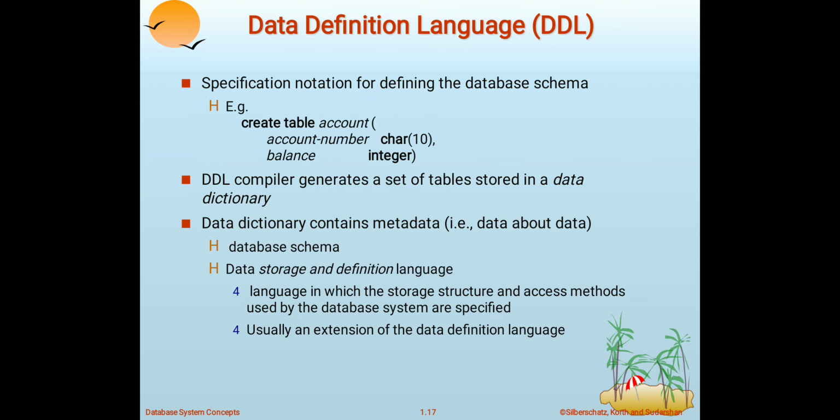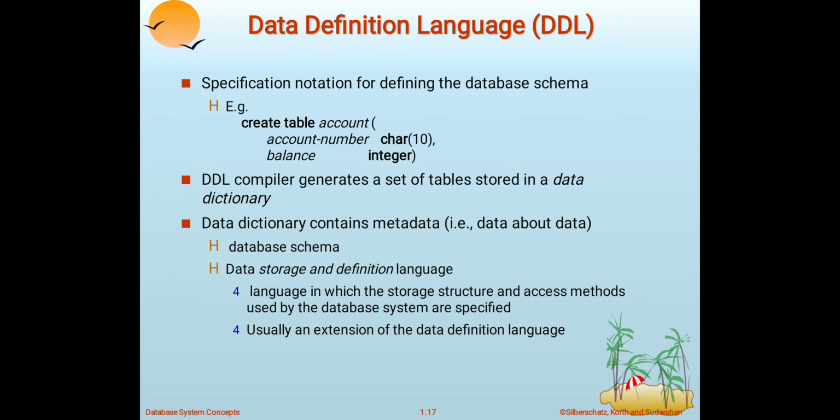Here one example is there: create table account. So I am creating a table, that is I want to collect the information about the account, that may be a bank account, that account considering two fields.